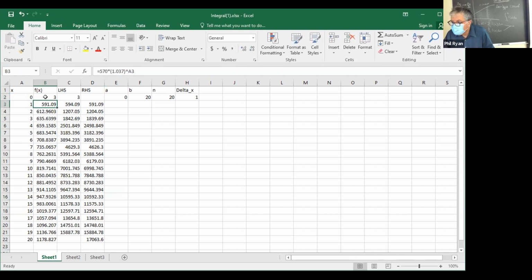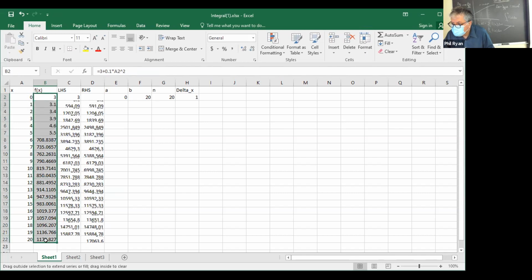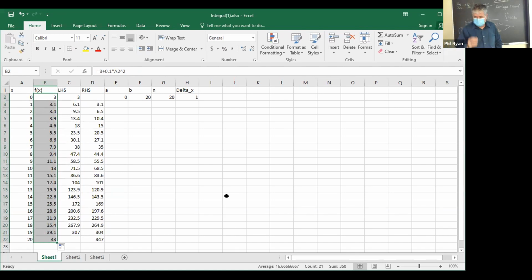And then I'm going to copy and paste. Okay. So this is the rate of growth of our bacterial population, and so since it's a rate of change, when I integrate it, that gives me the total accumulation. So this tells me how much extra bacteria were produced in that 20 hours.